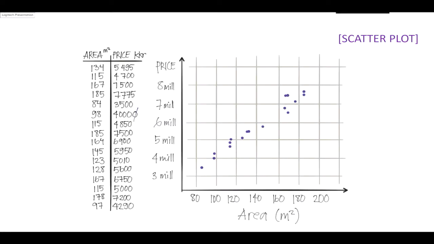Then when I plotted it, now it's time to figure out how much the 150 square meter house is worth. So I'll take you. How much do you think the 150 square meter house could be worth? 6? Yeah, somewhere around that. So how do we figure that out? Well, one way is we can gauge it with our eyes, but the real sciencey way is by creating a model.